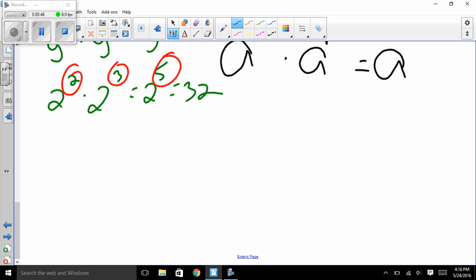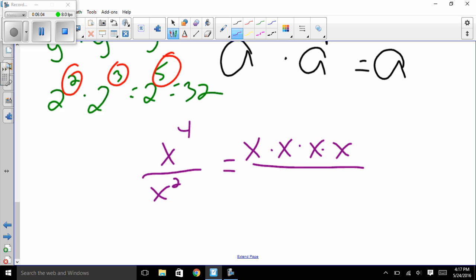Next, what we're going to take a look at is when I have, say, the example x to the fourth over x squared, and what my answer is going to be. Well, again, we know that by the properties of exponents, on top I have 4 x's, on bottom I have 2 x's.